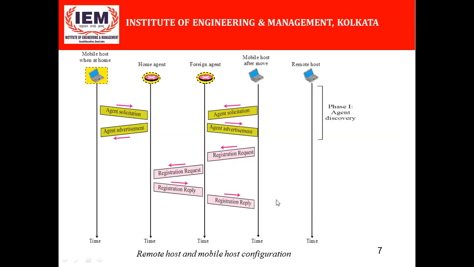Ultimately this is phase 2, the registration procedure, and registration is completed. Then any remote host can transmit towards the mobile host even after movement. This is the way of transmission between any corresponding node and the mobile device. This is phase 3, data transfer. So there are 3 stages: agent discovery, registration, and data transfer.